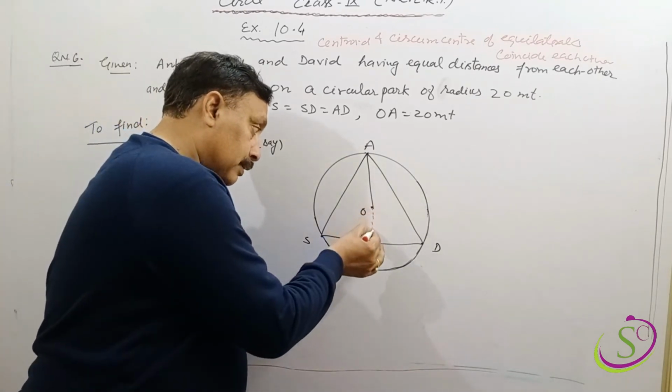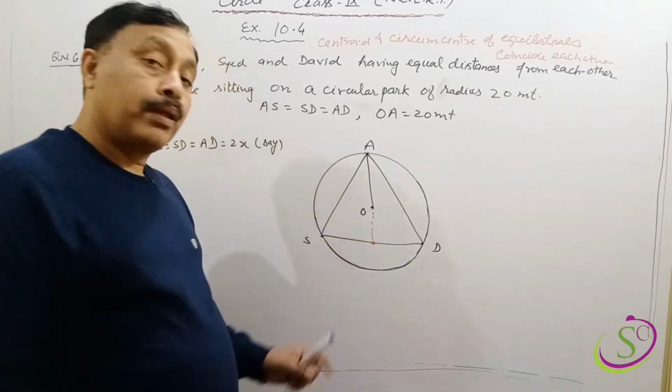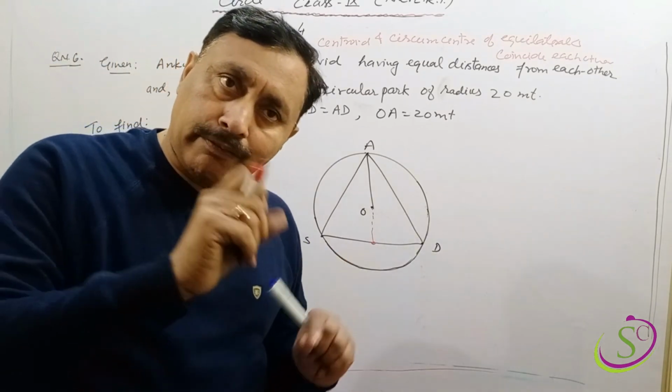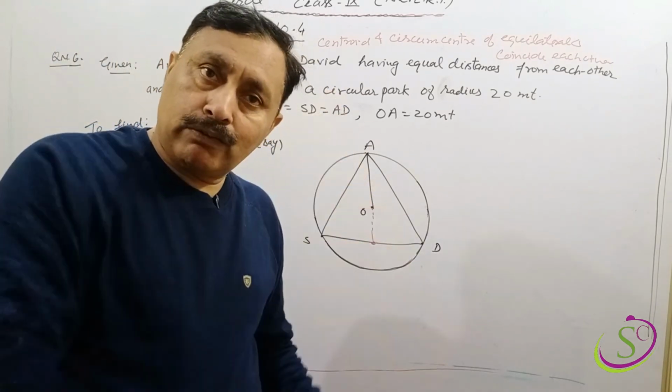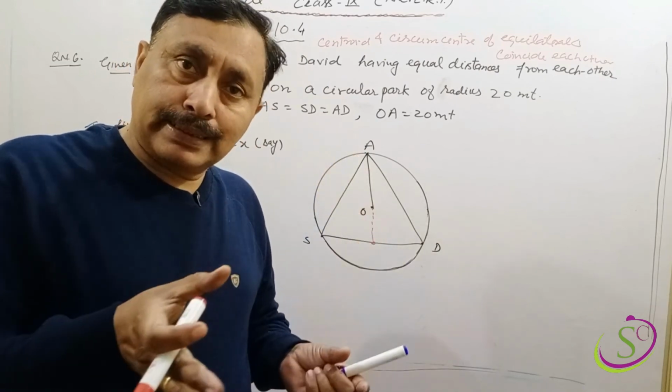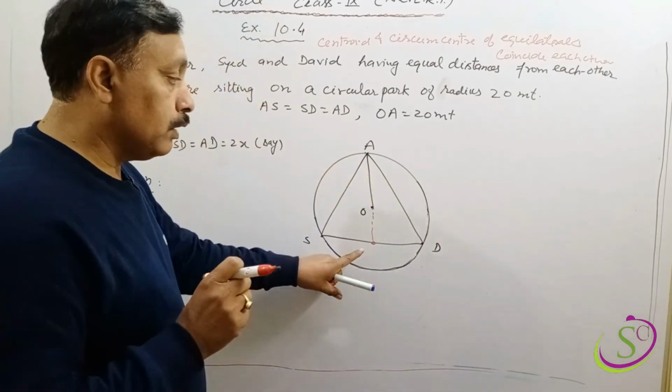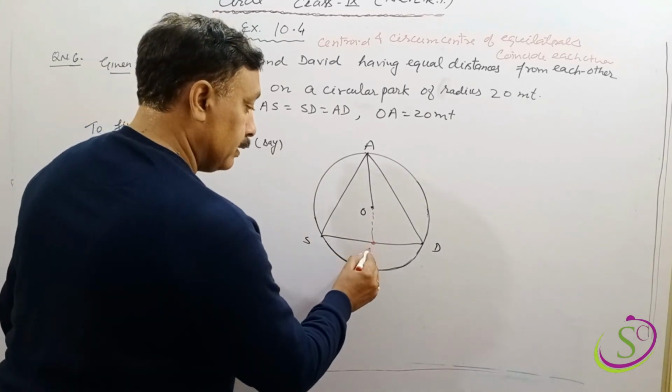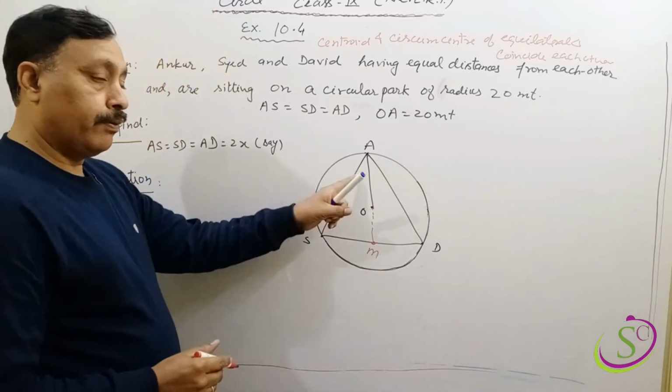If we produce this, this is the midpoint. The median of an equilateral triangle and the perpendicular from the vertex both bisect the opposite side. So this is AM. Clear?